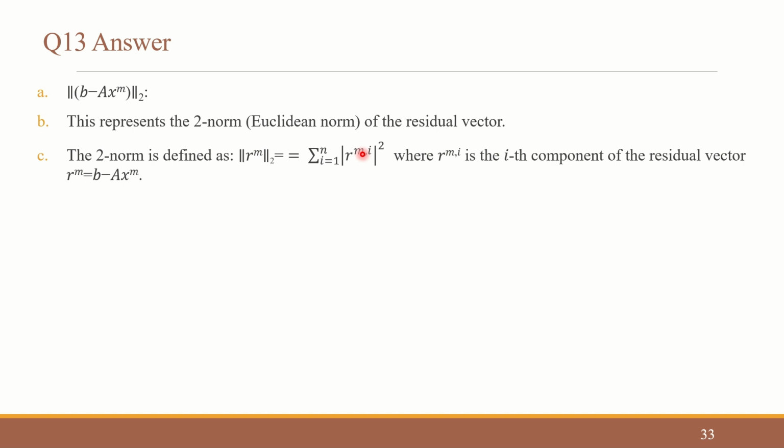So it is like summing up all the components of the residual vector. The residual vector will have all the components, right? So we are just summing up all the components of the residual vector Rm.